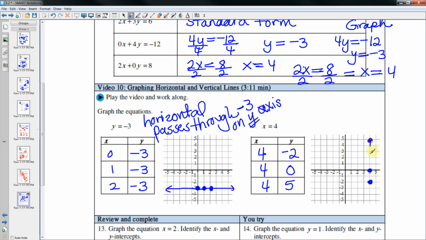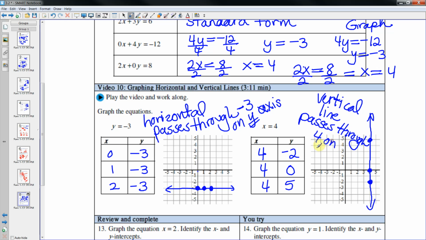Then when I connect those, you will see I have a vertical line. And it passes through, you guessed it, 4 on the x-axis, because x was equal to 4.